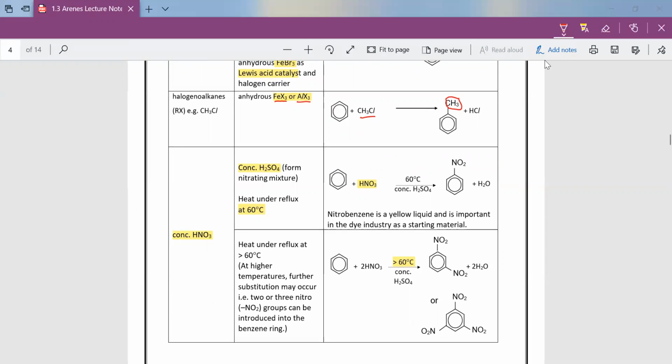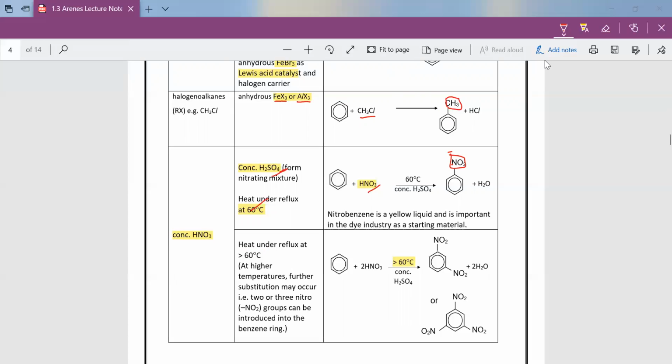The third reaction that the benzene ring will undergo is nitration, where you use two concentrated acids with heat to get the nitro group onto the benzene ring itself. Nitrobenzene itself is yellow.